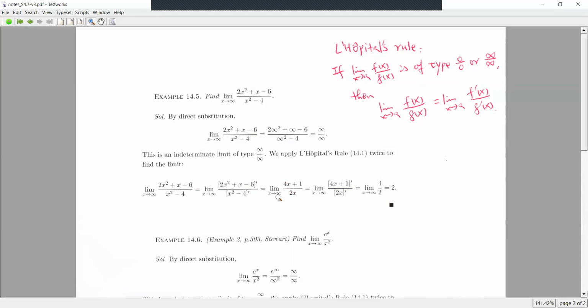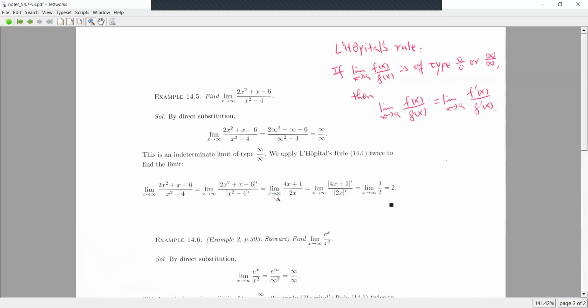As x approaches infinity, the denominator approaches infinity, and also the numerator approaches infinity. So again, this limit is an indeterminate limit of the type infinity over infinity.